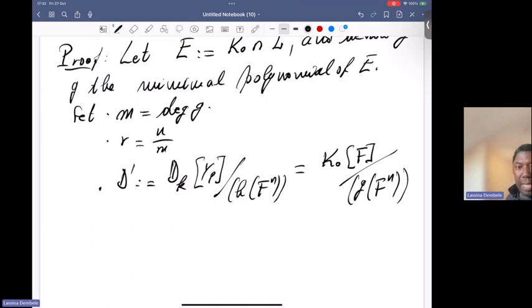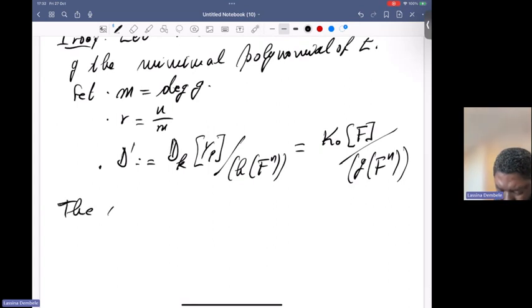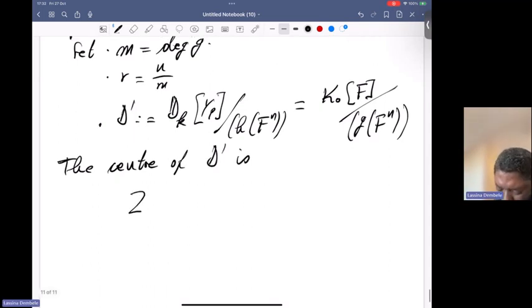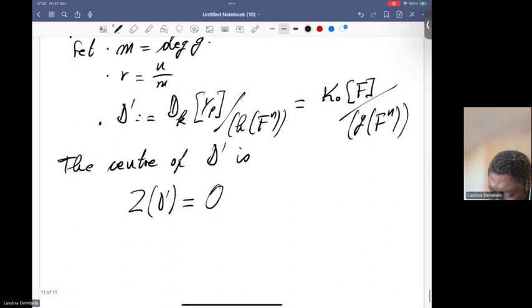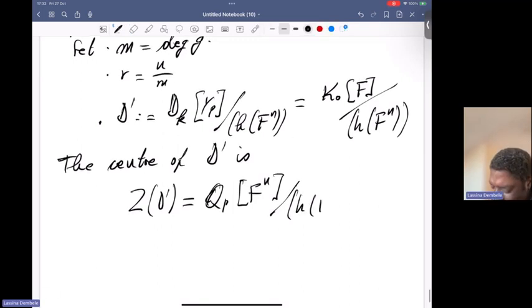Okay. And so if you look at the center of this algebra, which, if we call it Z of D prime, then the center in that case would be Qp of f to the n quotiented by, oops, sorry, this should be h, okay, I'm mixing up my notation, quotiented by h to the n, right?